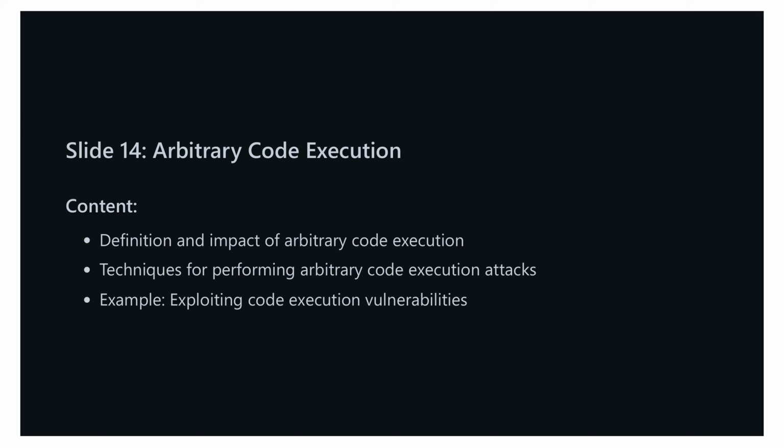This typically occurs when an application fails to properly validate and sanitize user inputs, allowing malicious code to be inserted and run. The impact of arbitrary code execution can be devastating. It can lead to unauthorized access, data breaches, and complete system compromise. Attackers can install malware, retrieve sensitive information, and disrupt normal operations, potentially causing substantial financial and reputational damage.